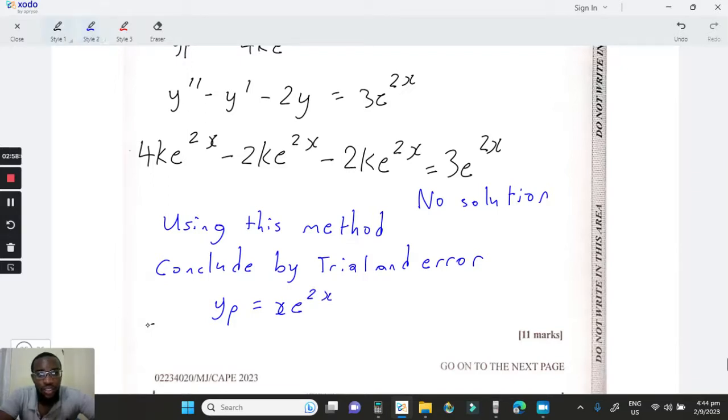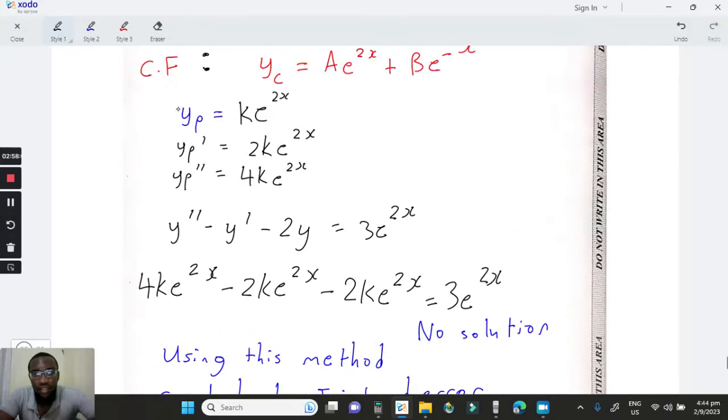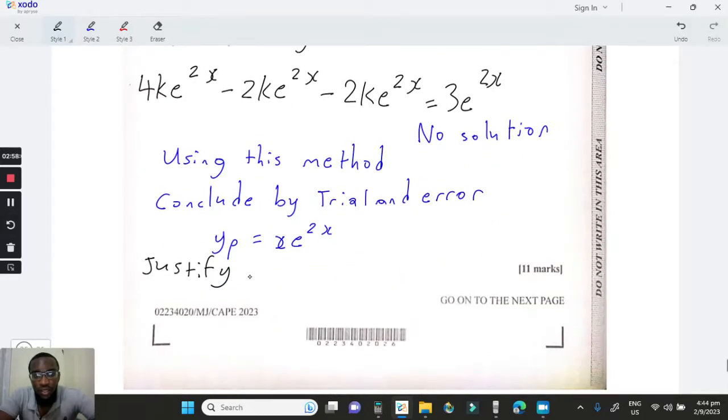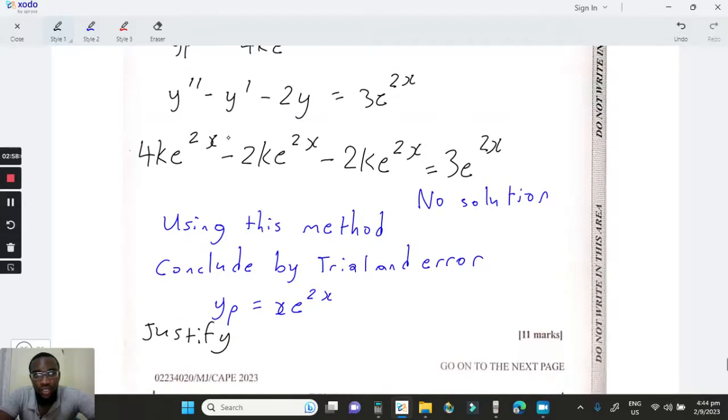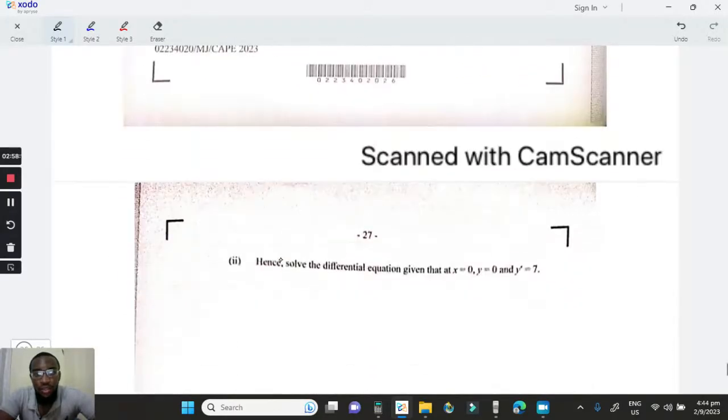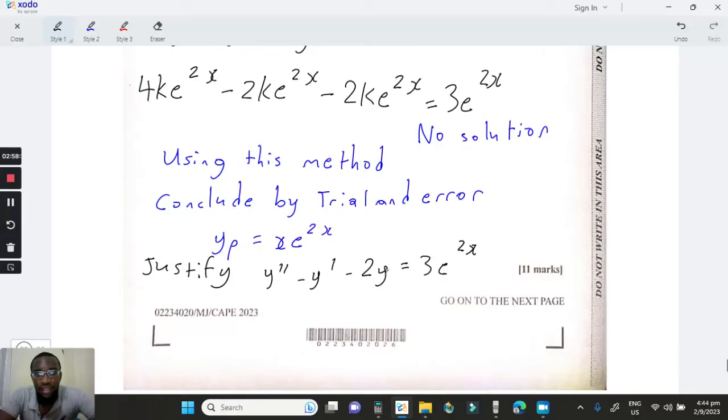And now what you're going to do is justify it. They said show, right? Notice the conventional approach will not work. So when you justify now, you need to justify by showing that y double prime minus y prime minus 2y should be 3e to the 2x. That's what we're going to do. We're going to justify it. I need another page for the justification.